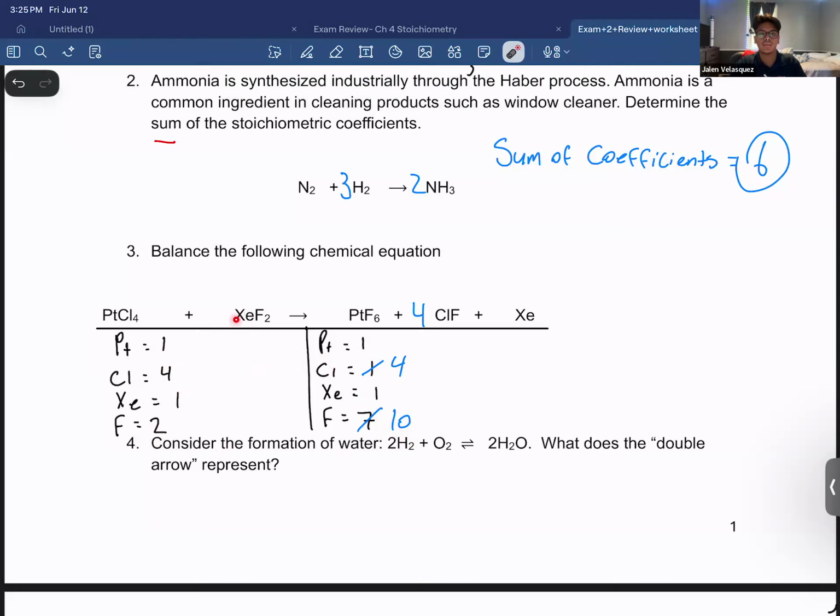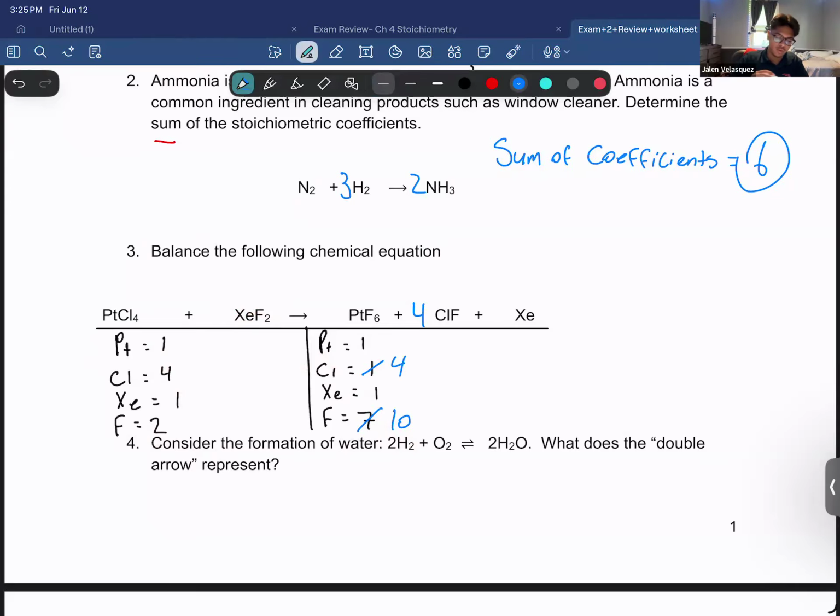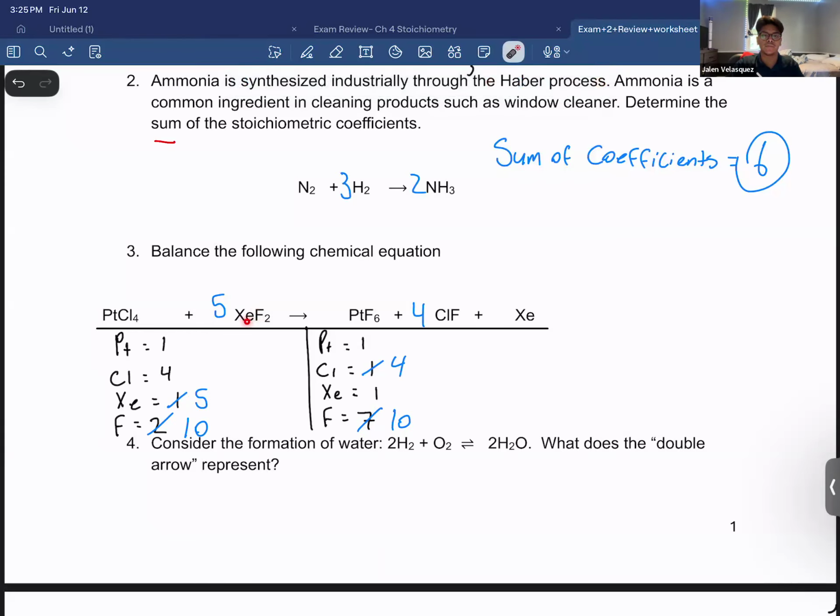So this is the only place we have fluorine, right? So we have to put a coefficient in front of XeF2 to get 10 fluorines. So we could put a 5 out there. Now that gives me 5 xenon and 10 fluorines, right? Now by doing that, I disrupted my number of xenon, right?